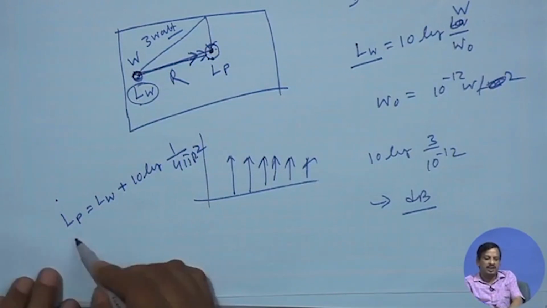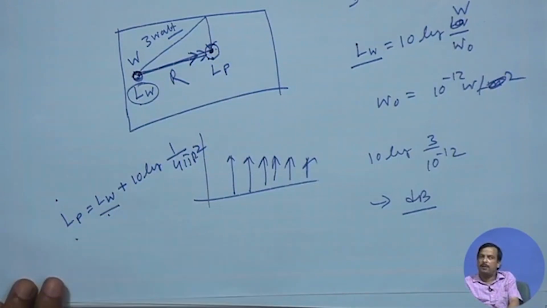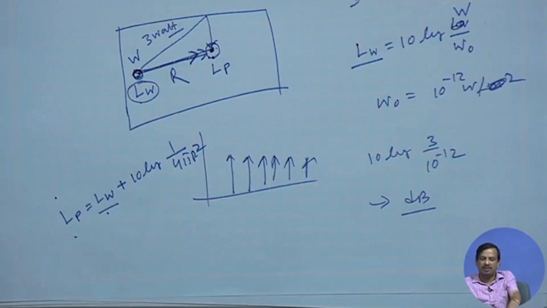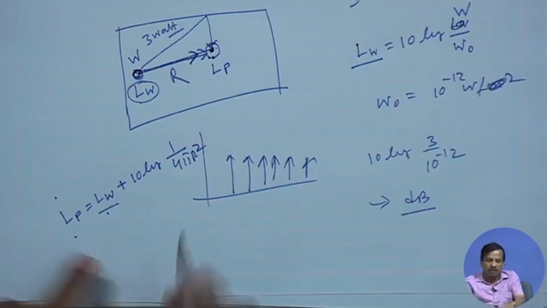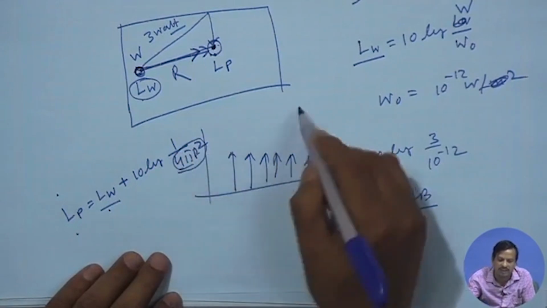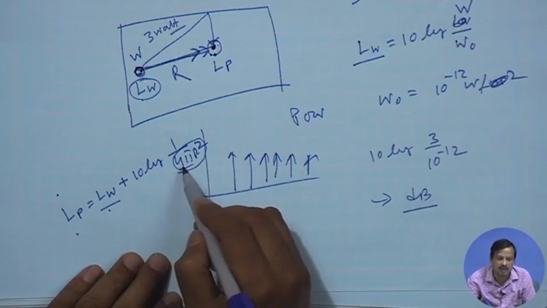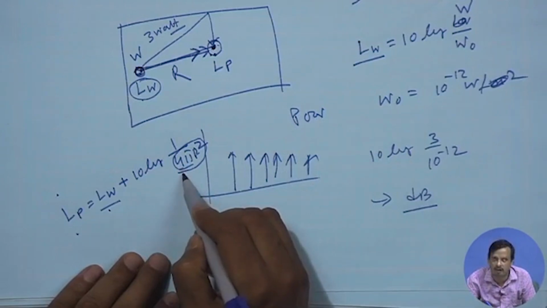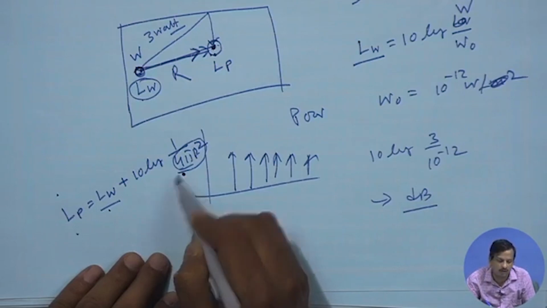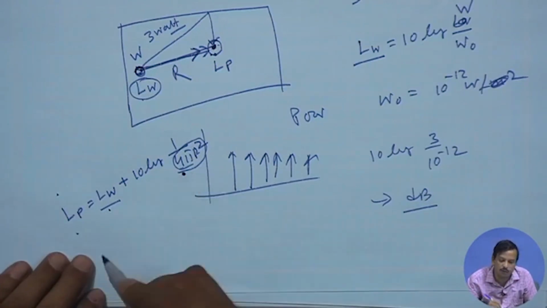So, it is 10 log, the reference power is LW, the distance is R. It is 4 pi r square because it is power, it is not intensity, that is why it is 4 pi r square. Okay. Reference power, 4 pi r square.